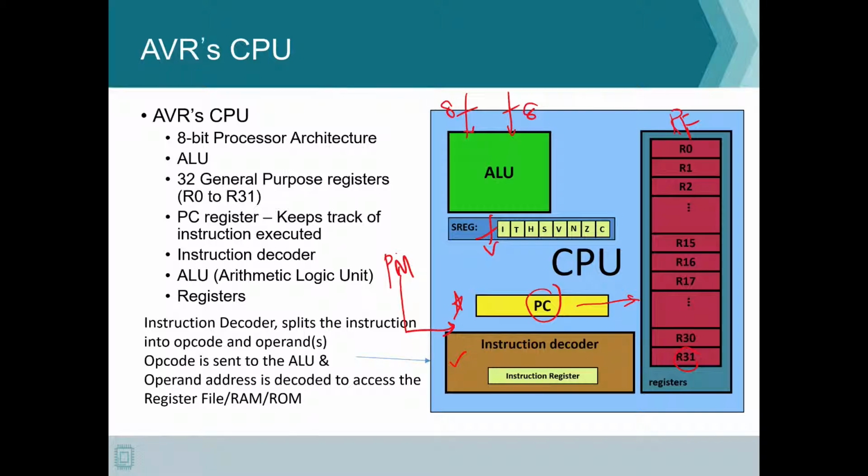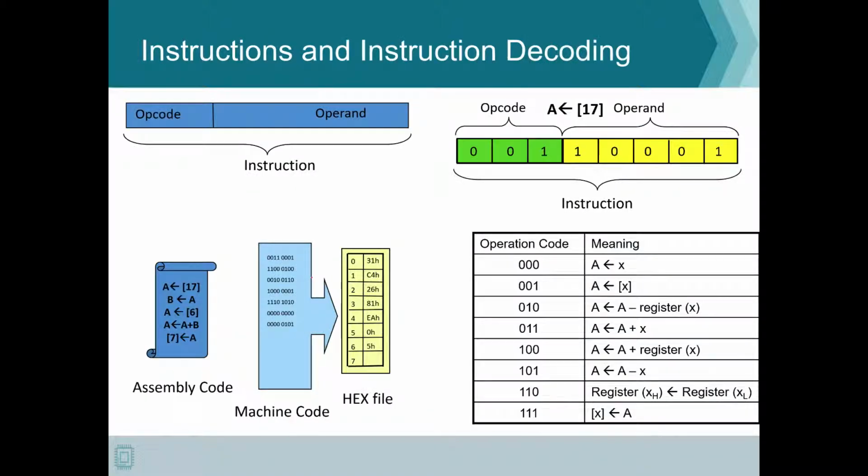The opcode is sent to the ALU, and the operands are used along with the decoder to either access the register file, or access data in your SRAM, or access data in your program memory or ROM.